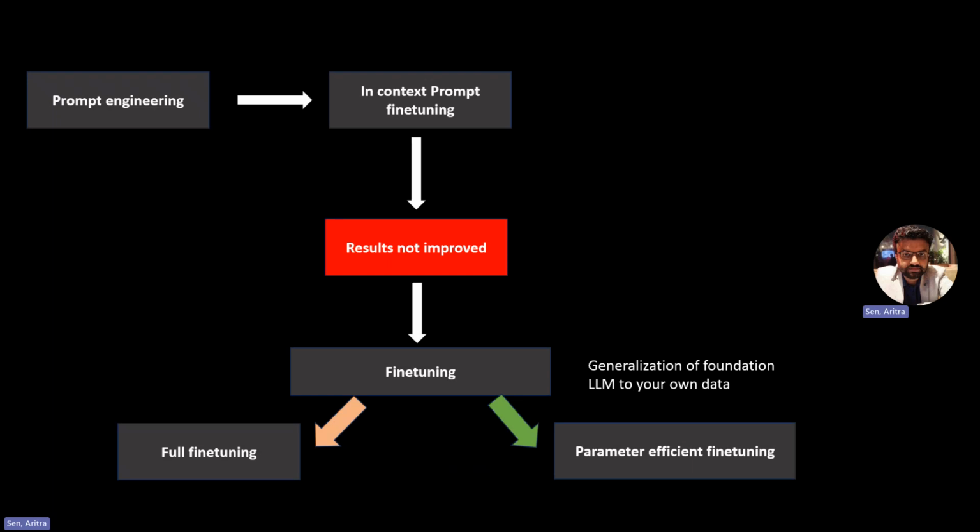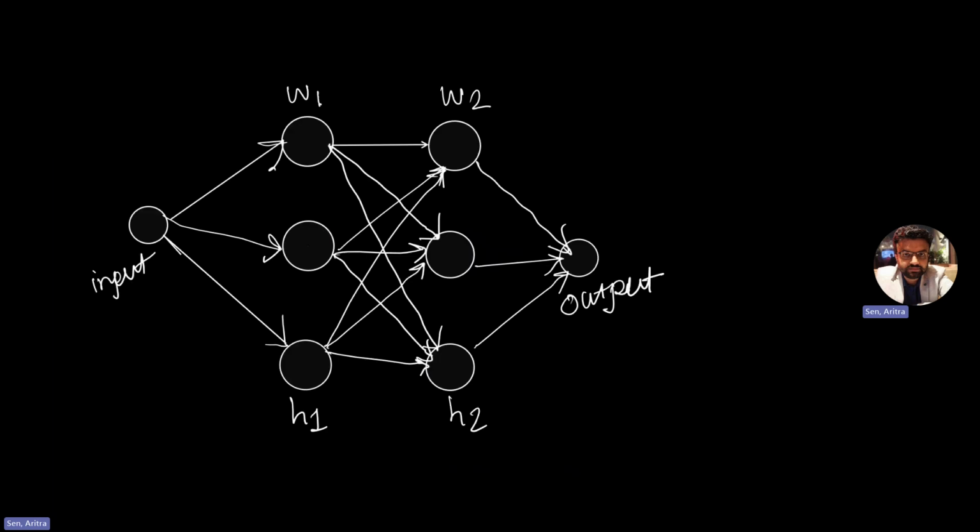In the attention mechanism, we generally have three matrices: query, key, and value. What you can do is create a low rank representation of any of those matrices, and only fine tune those weight matrices. You do not touch the frozen weights of the pre-trained model. Don't worry about it, we will talk in detail about this parameter efficient fine tuning in this video. So let's first talk about full fine tuning.